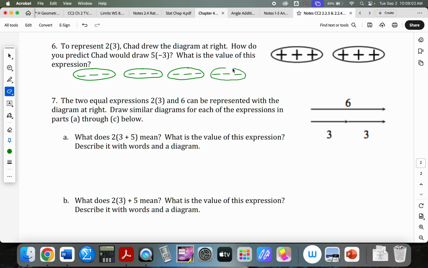And it takes a little while to do that. So what's the value of this expression? Anybody? Just -15, yeah.